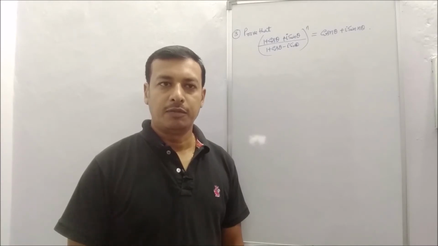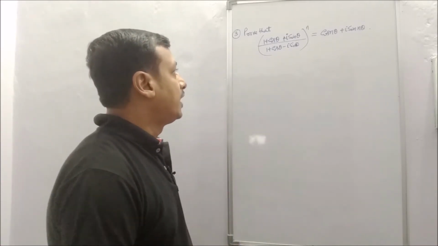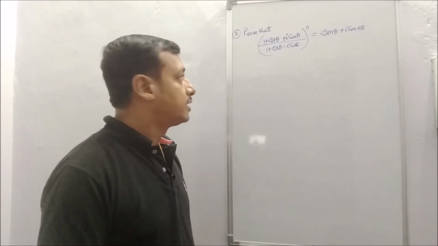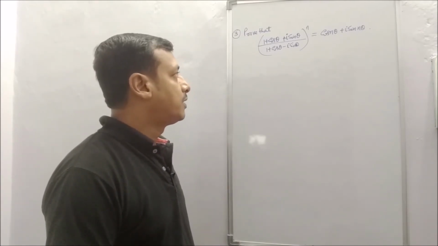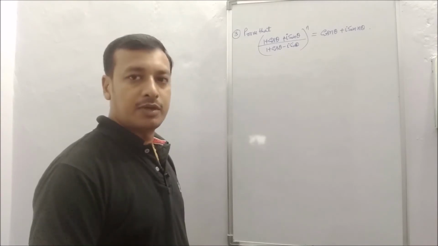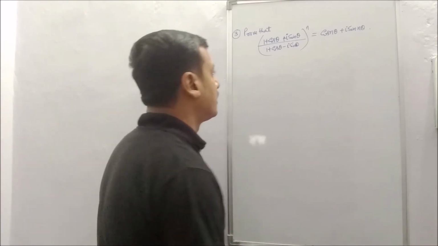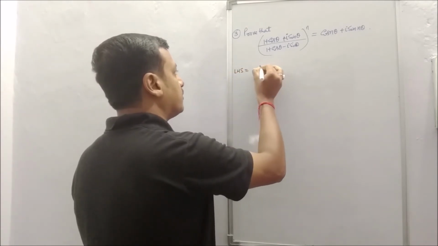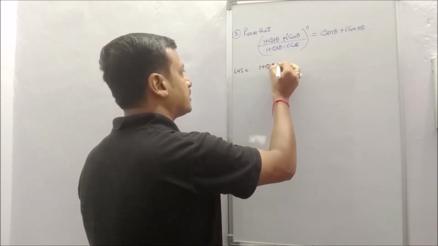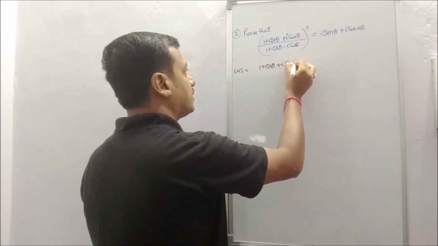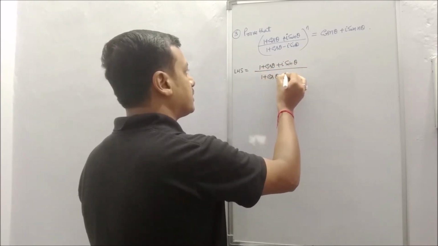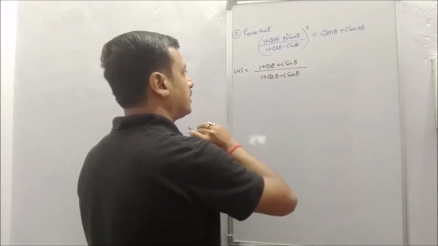So the third problem is to prove that (1 plus cos theta plus i sin theta) divided by (1 plus cos theta minus i sin theta), the whole to the power n, is equal to cos n theta plus i sin n theta. So let's begin with LHS.